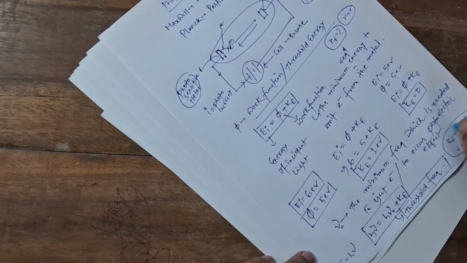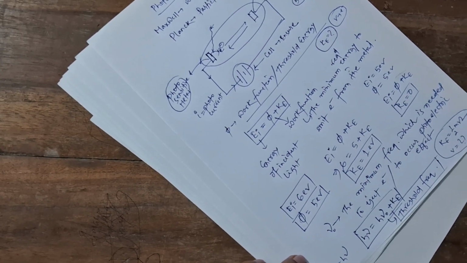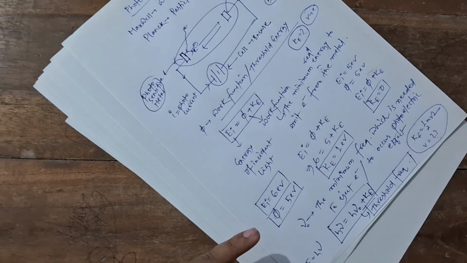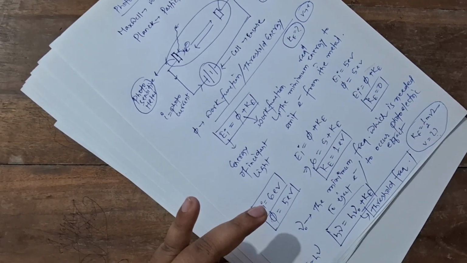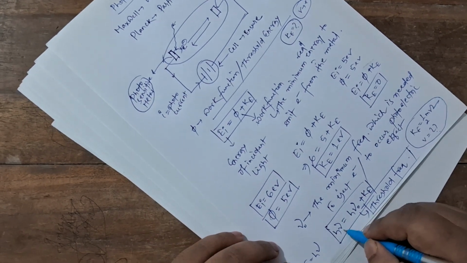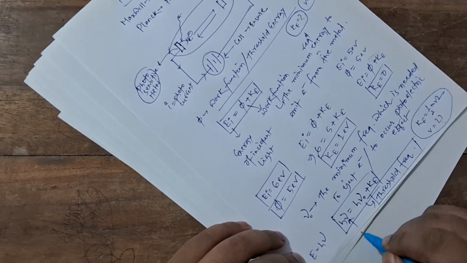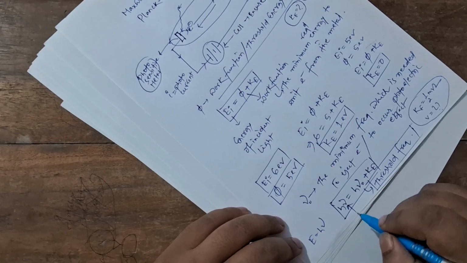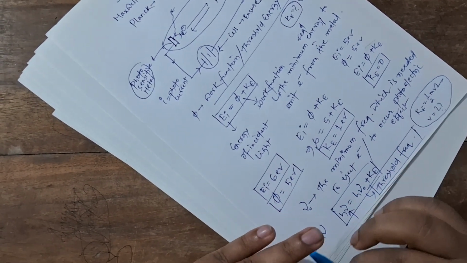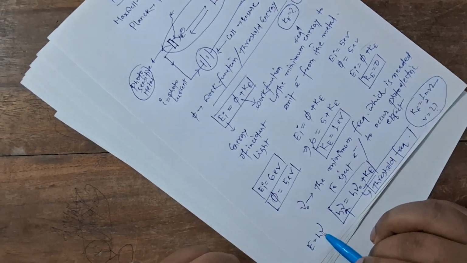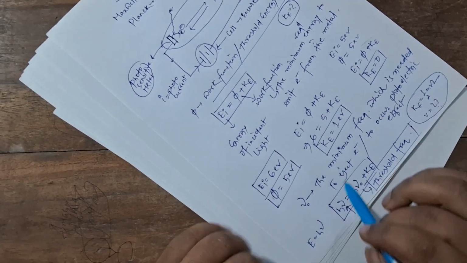So we can get a lot of numericals from this topic like finding of threshold energy, finding of kinetic energy, sometimes finding of nu, that means the incident frequency of the light, and sometimes velocity of the electron. So we will discuss the numerical portion later. So this much topic we would discuss for photoelectric effect. Thank you.